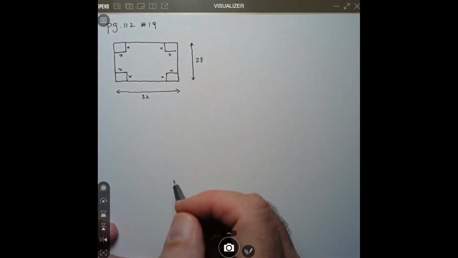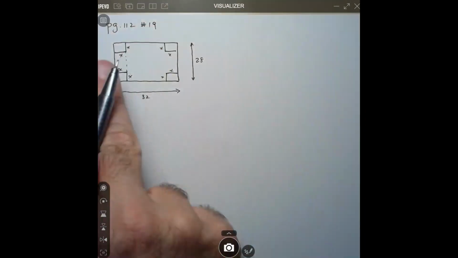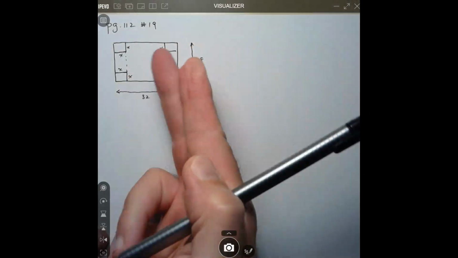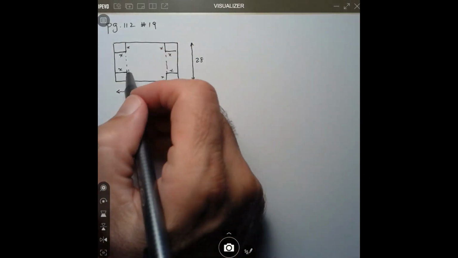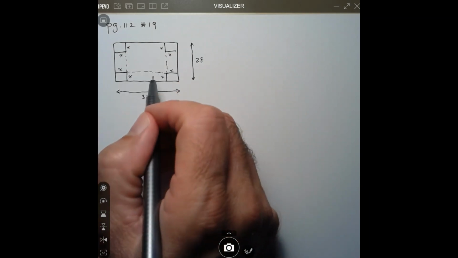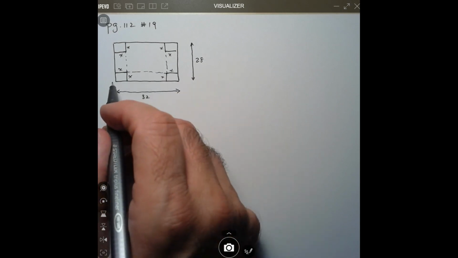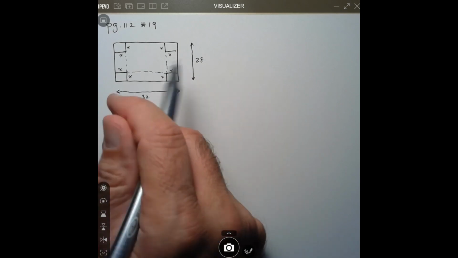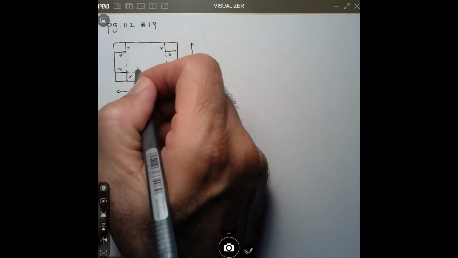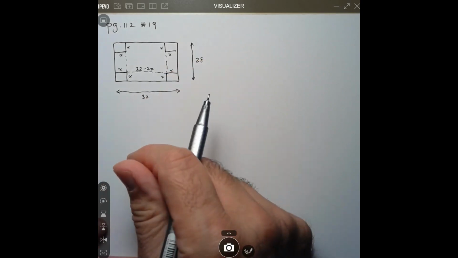Now remember, we're going to be folding up this side and that side, so this will represent the length of the box. We have the total length of that cardboard, but I've cut off a little x here and a little x there. So this can be represented by 32 minus 2x.